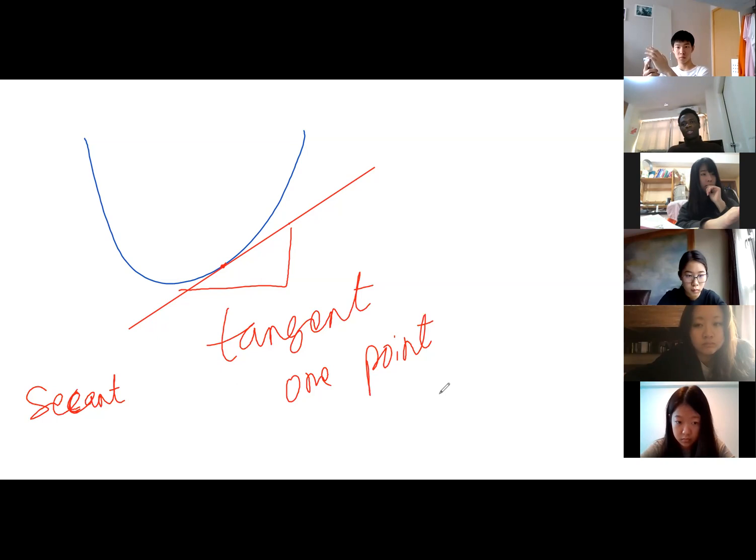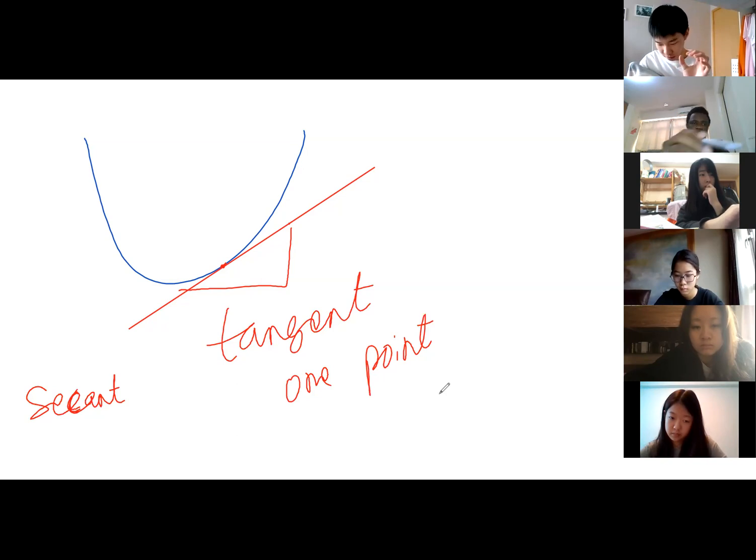Mara Brandy, have you seen something? I'm not sure if it's correct though, but I think it just means it's a straight line that crosses 2 points on a curved line, something like that. You're correct. That's it. My point is, you see the first scenario here?